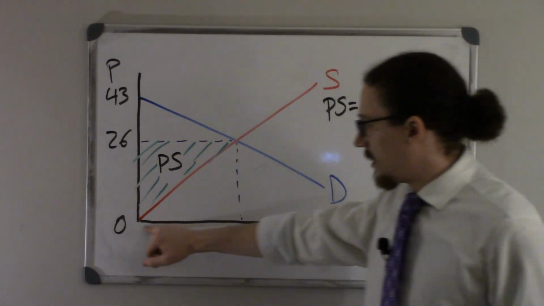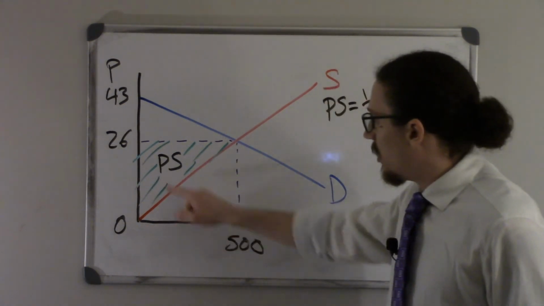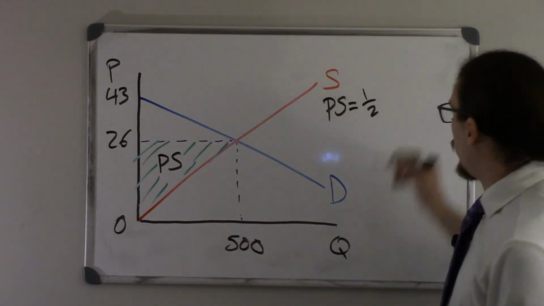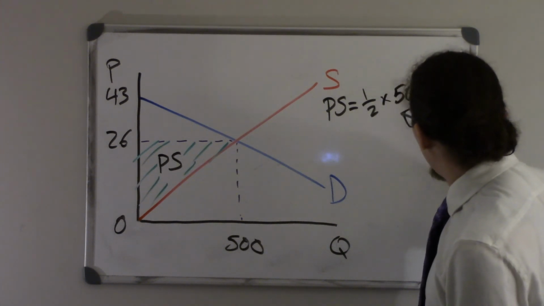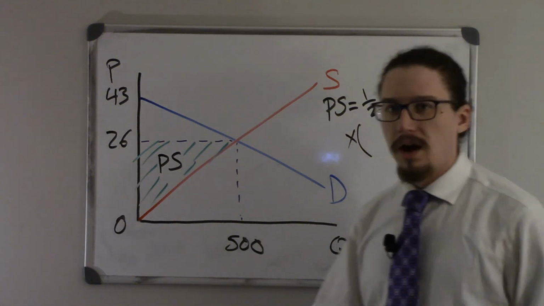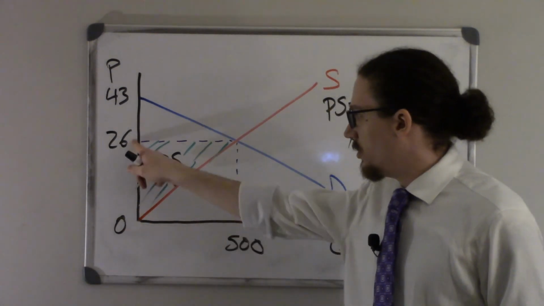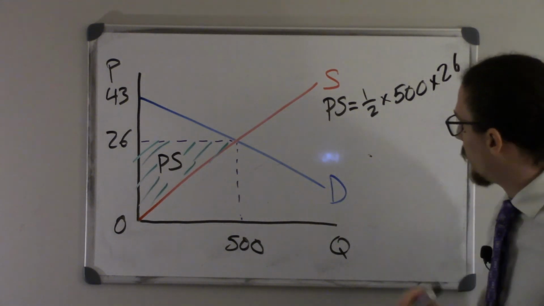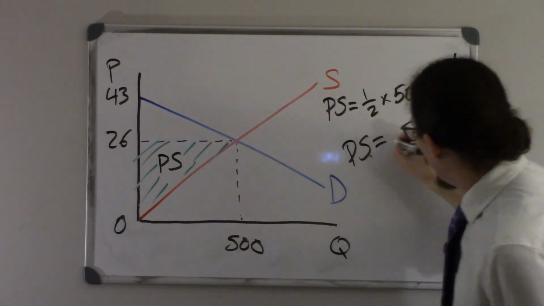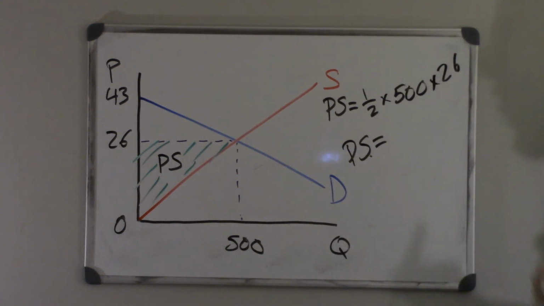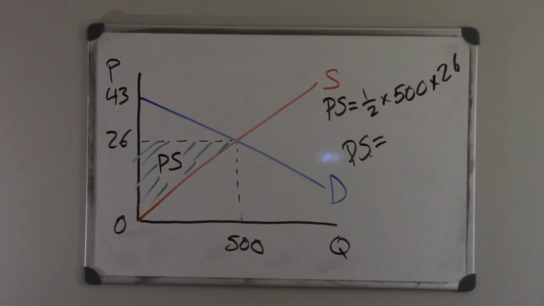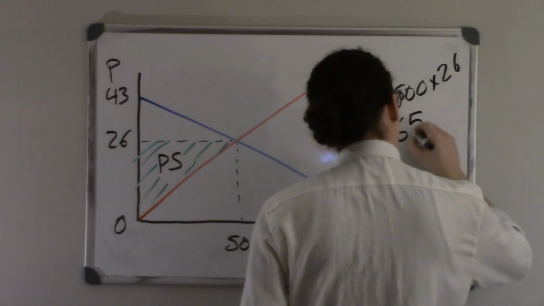In this case, the base is the same for the producer and consumer surplus, because the triangle stretches from 0 to 500, so we've got 500 here, and then our height, 0 to 26, so we didn't even need to do any subtraction, we can just write 26. Once we throw all of that into our calculator, 1/2 times 500 times 26, we're going to get a grand total of 6,500.